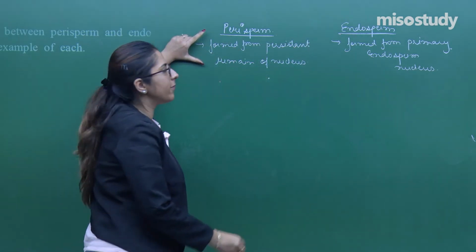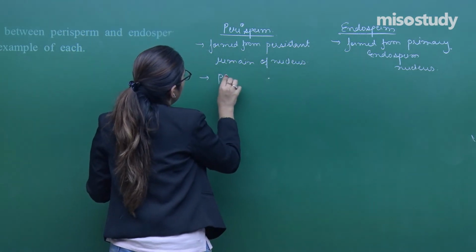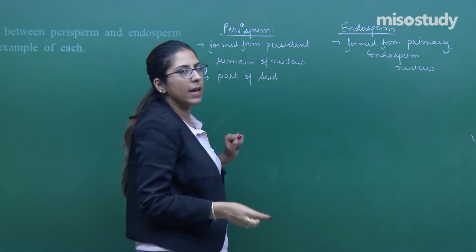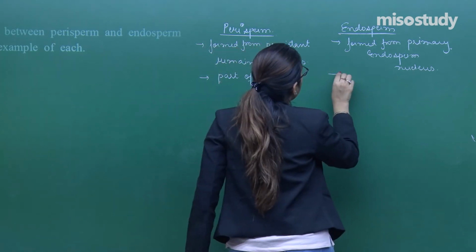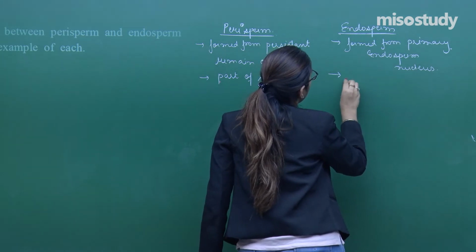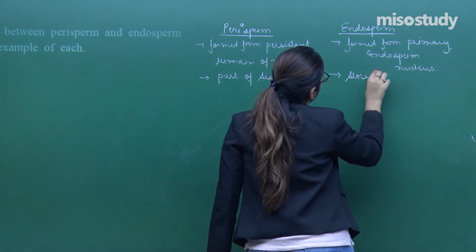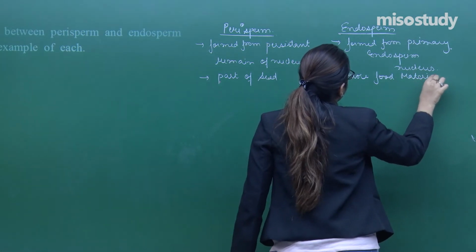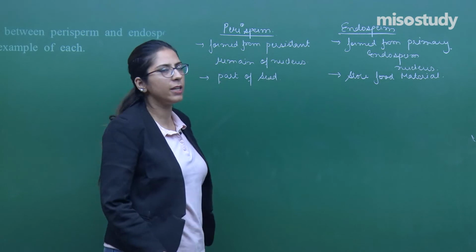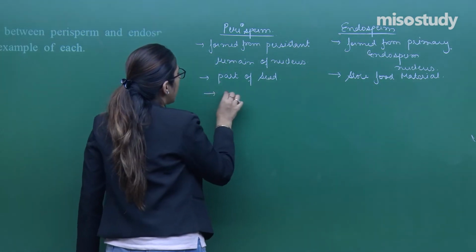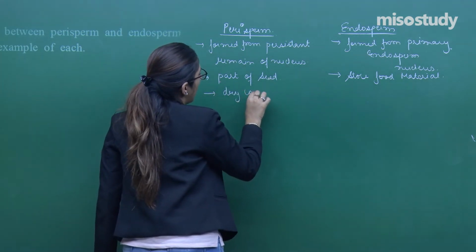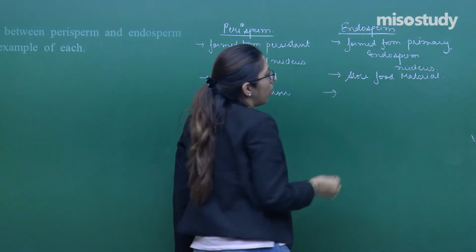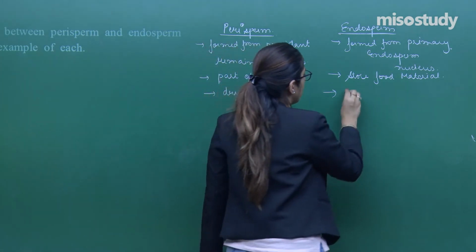Now, perisperm is a part of the seed, whereas endosperms act as a storage of food material. When you look at the perisperm, it is in a dry condition, quite hard, while the endosperm is fleshy or has a watery fluid present.